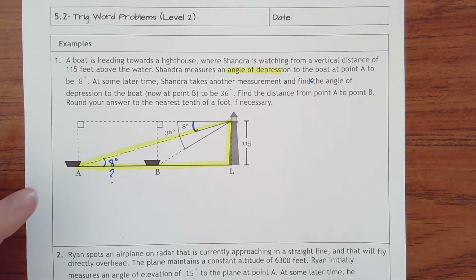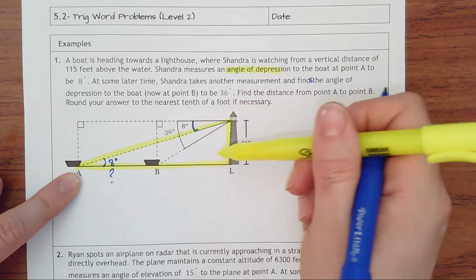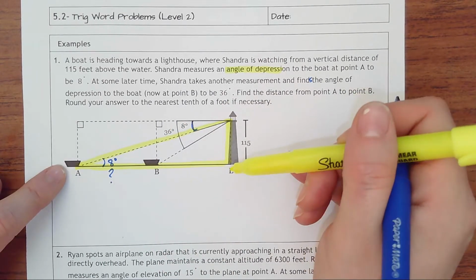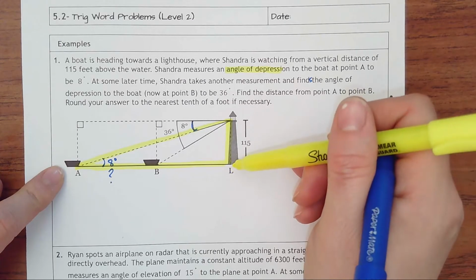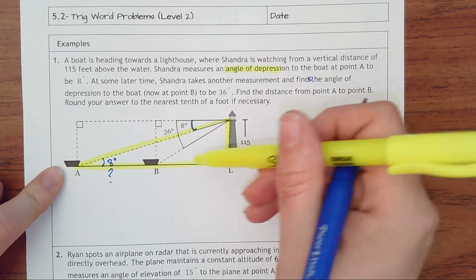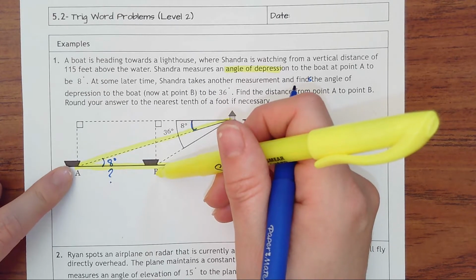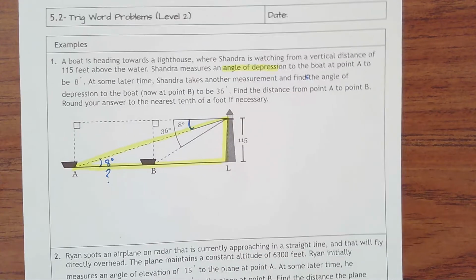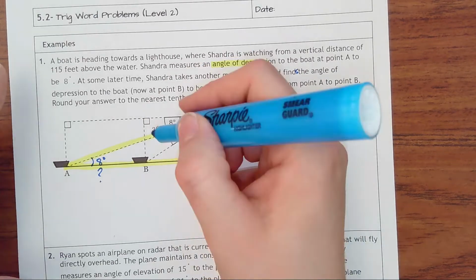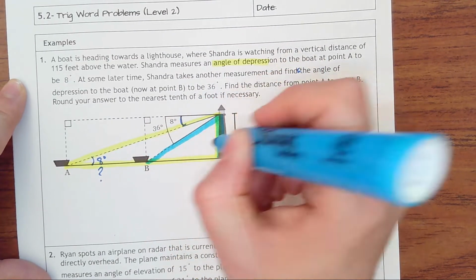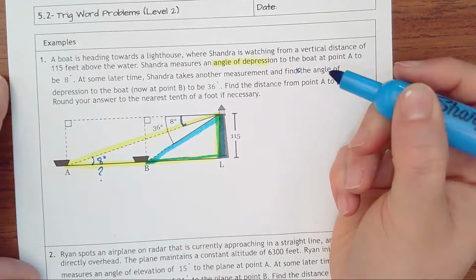But what that's going to do is I'm going to have the opposite leg and the adjacent, that's a tangent, and I'm going to find from this boat A to the lighthouse. I don't want that whole distance. I only want from the boat A to the boat B when it moved in closer. So I'll have to also use the triangle here from boat B to the lighthouse.